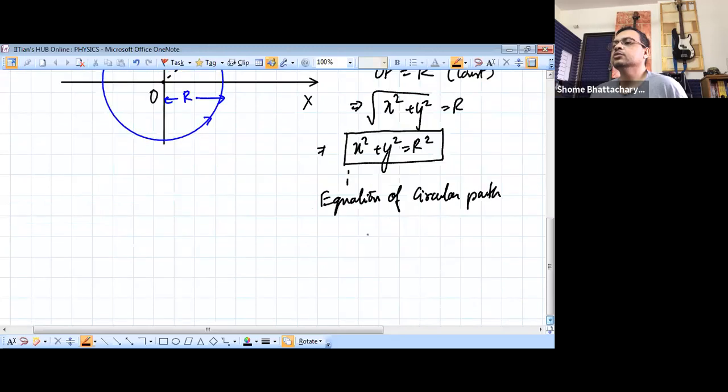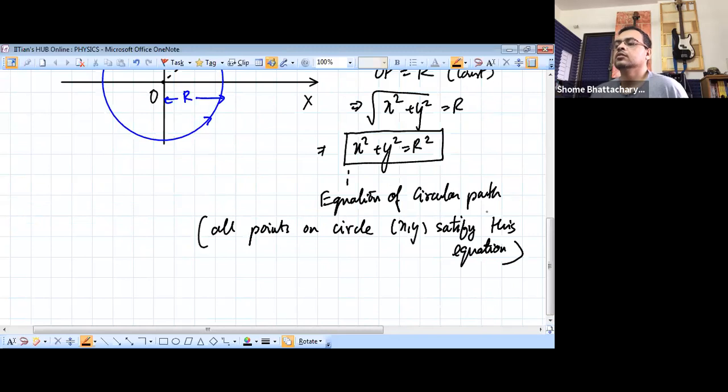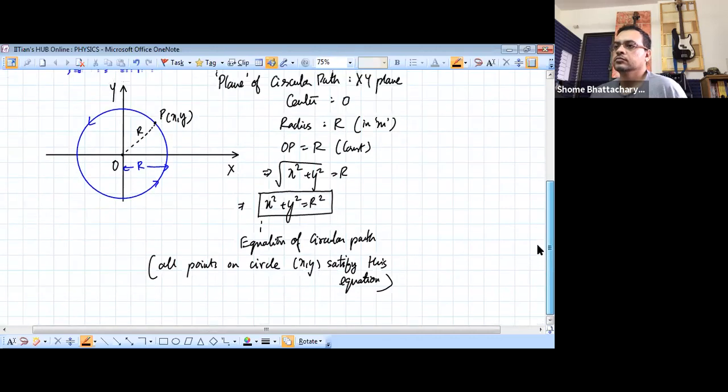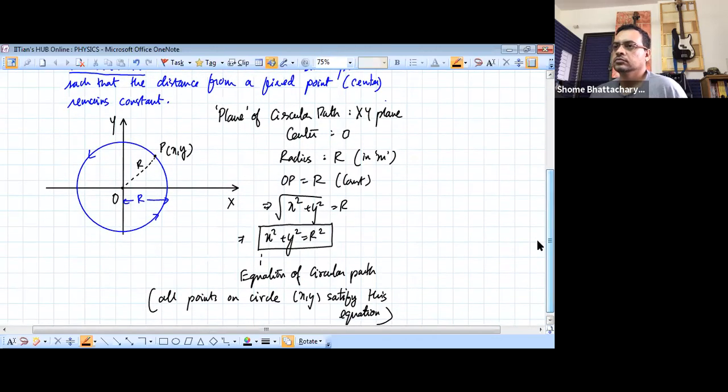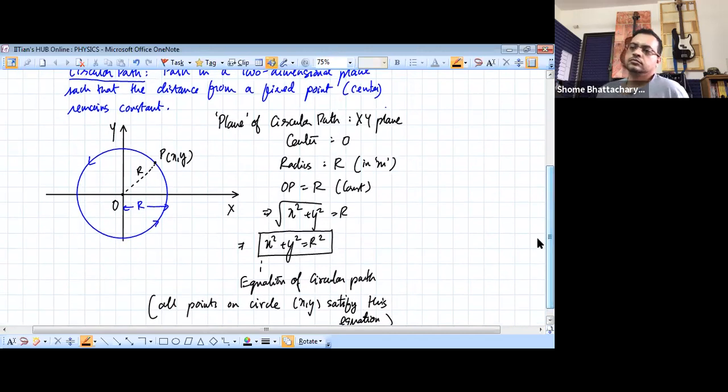What we mean by the equation of the circular path is that all points on the circle satisfy this equation. Yeah, this is the derivation of the equation of the circular path.